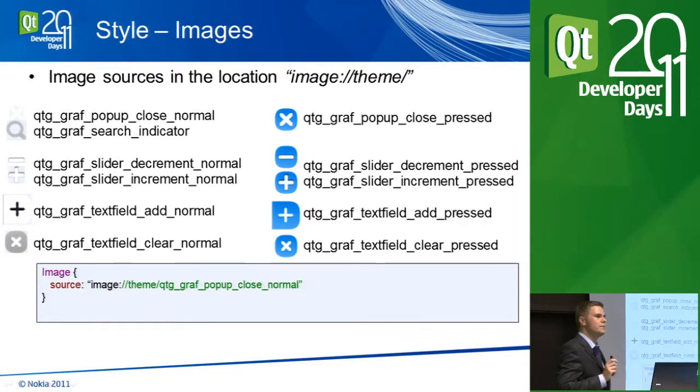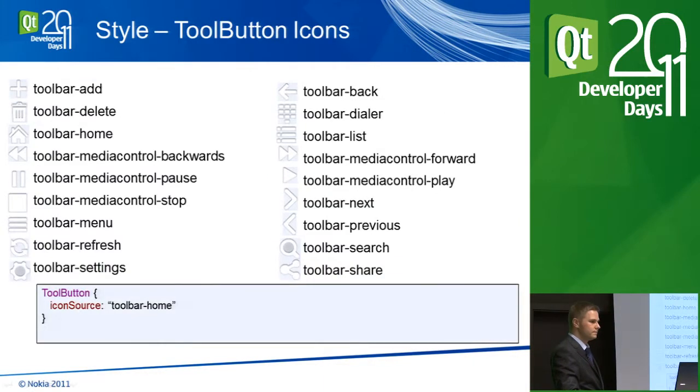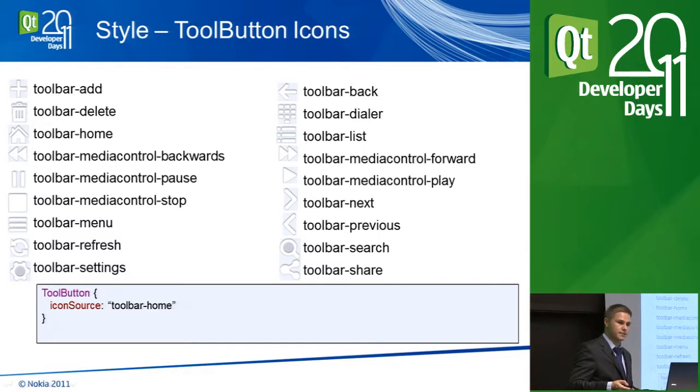So instead of implementing your own UI elements for these symbols that are available, you should use the themed elements from your platform. And same goes for a number of common buttons. You don't have to do those yourselves. You can just use the platform-provided styled versions.